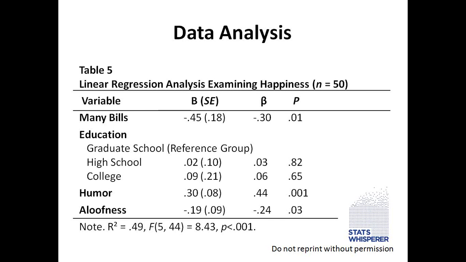And then, of course, up top, Table 5, which presents linear regression analysis examining happiness with an N of 50. And then we report in the heading the variable. The first B is the unstandardized beta, which refers to the change in the dependent variable relative to the change in the independent variable.